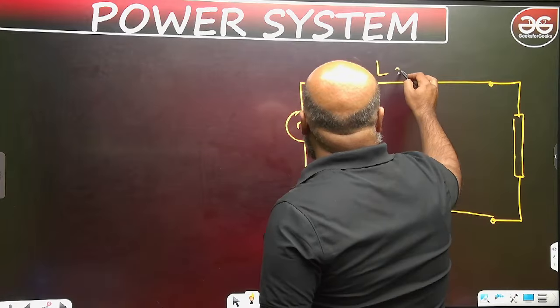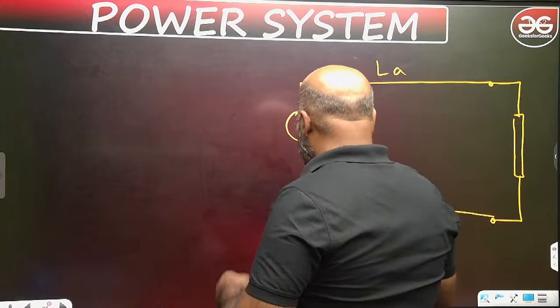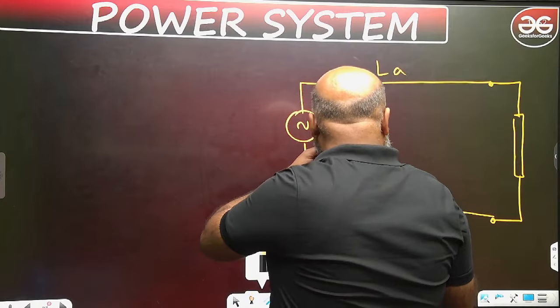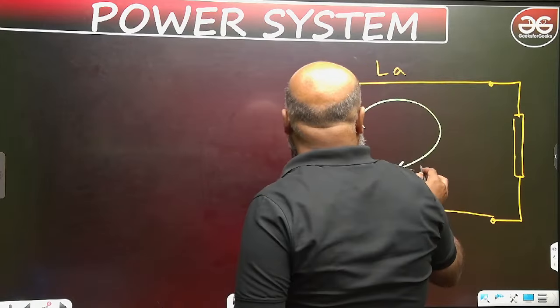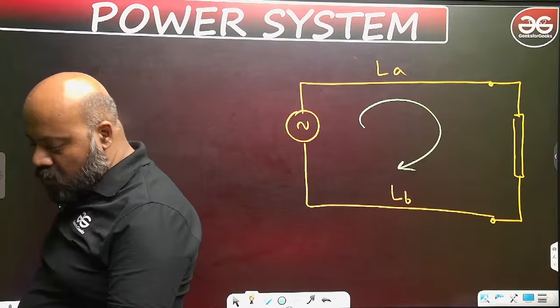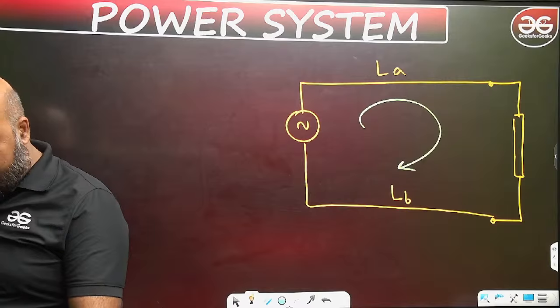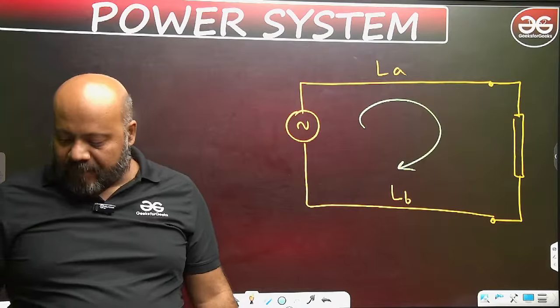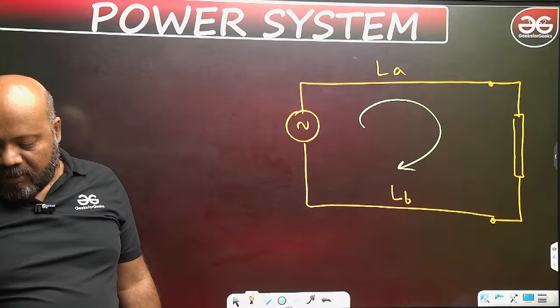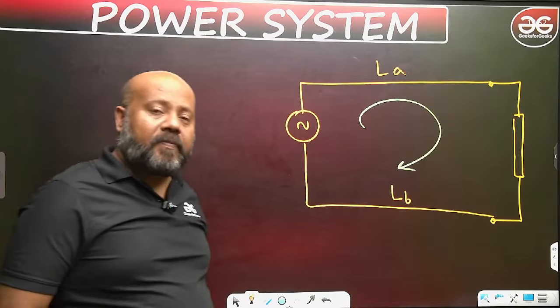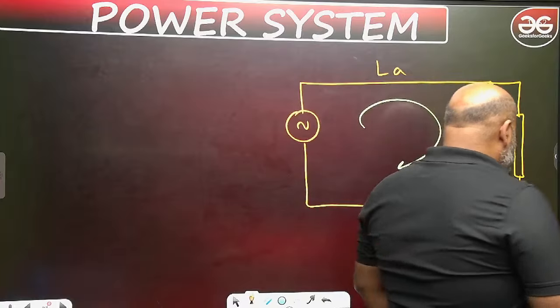So if this is LA and this is LB, and he is asking you what is the total impedance, sorry, total inductance, then for this loop inductance, you have to add the inductance of A and B. That is the only possibility. Say yes or no. That is why we are writing loop inductance.